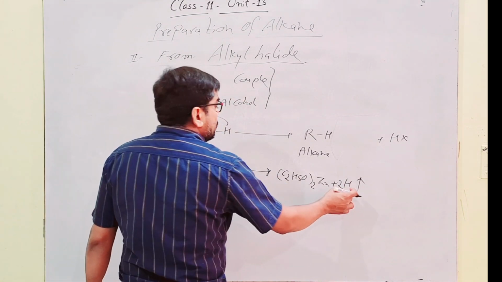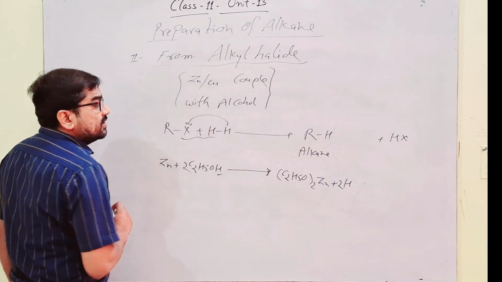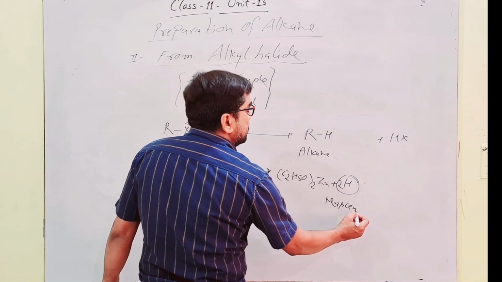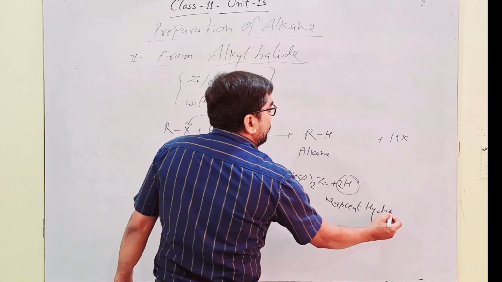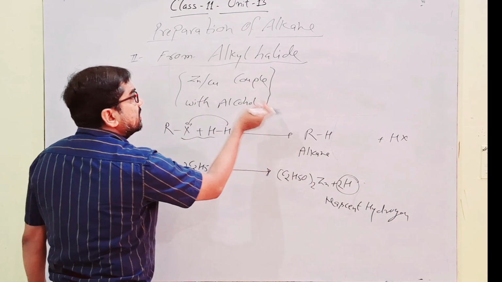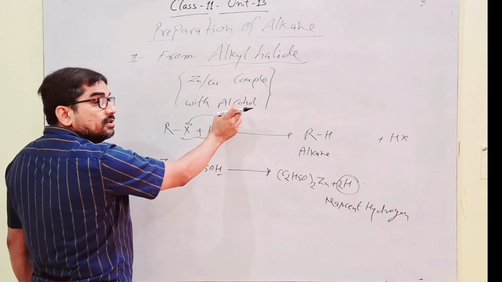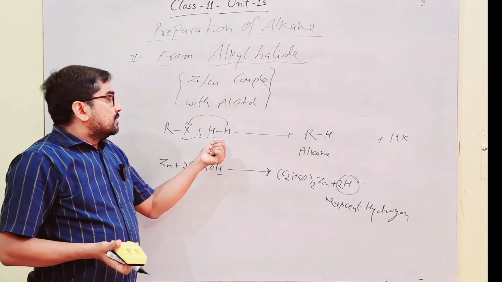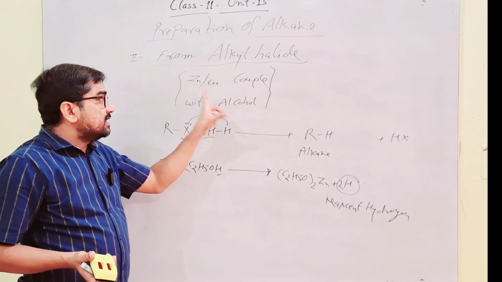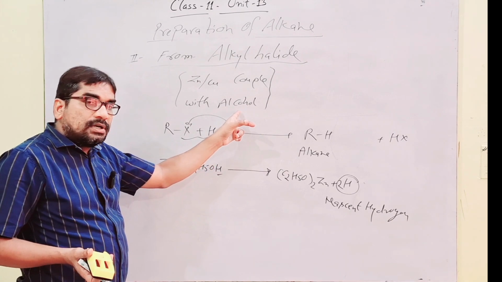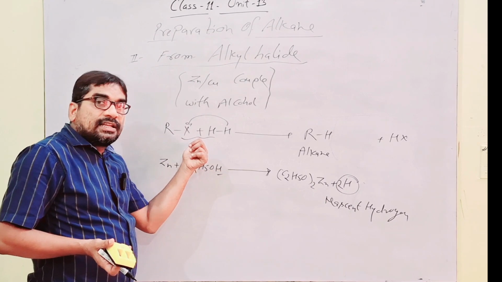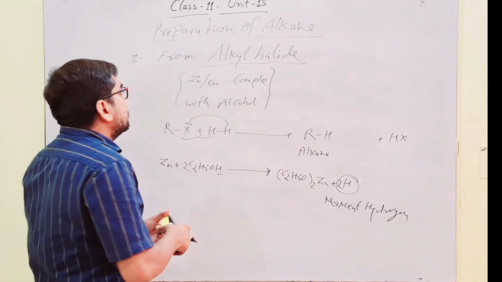This nascent hydrogen, atomic hydrogen, highly reactive in nature, reduces alkyl halide into alkane in presence of zinc copper couple with alcohol. So the hydrogen comes from alcohol to reduce alkyl halide, because zinc displaces hydrogen from alcohol, gives zinc ethoxide, and the released hydrogen reacts with alkyl halide, and finally alkane is obtained.